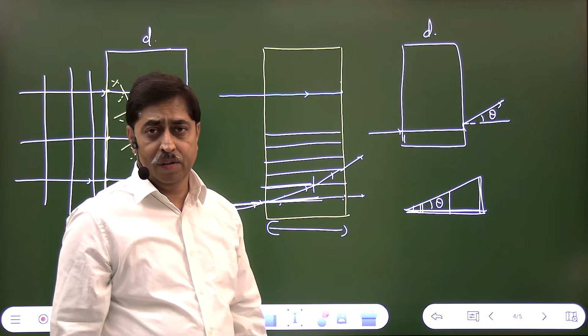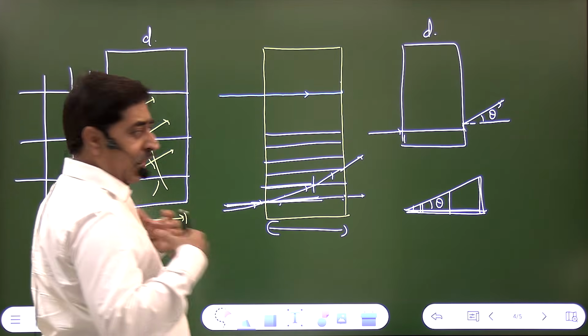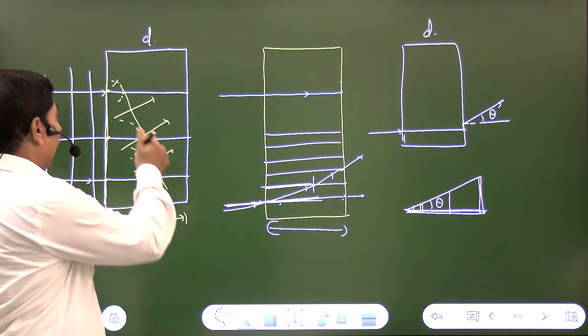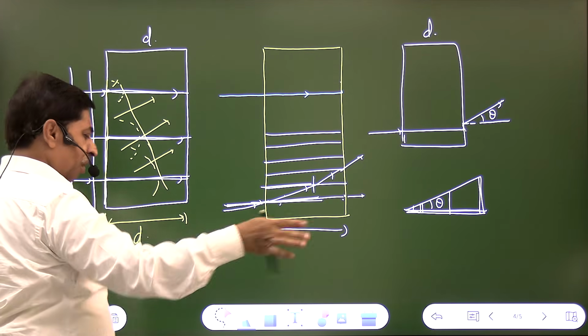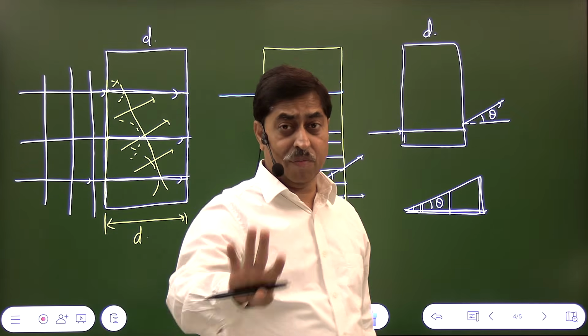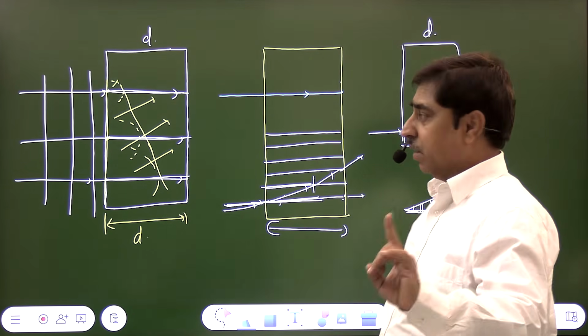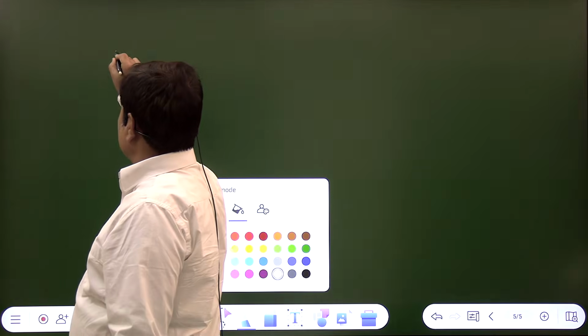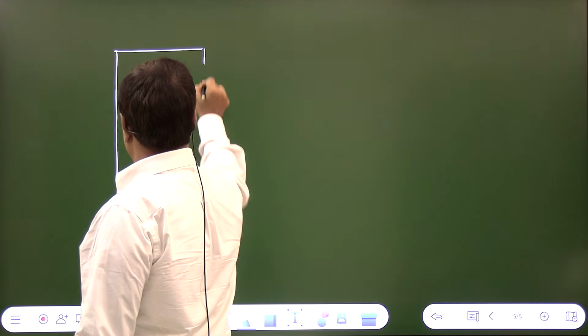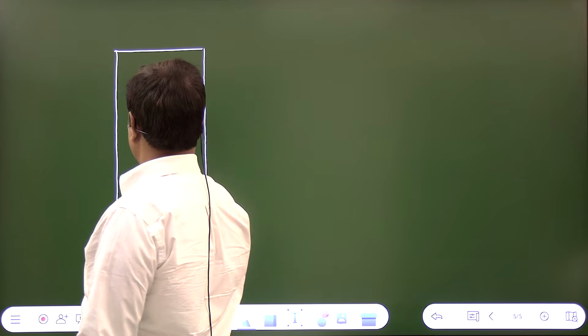Nothing. So if d is small, I am ready to accept that the light ray inside the glass slab is almost straight. One simplification. But for that assumption, d has to be small. That is one thing. So let us assume that d is small. It is not given in the question, but we will assume that.